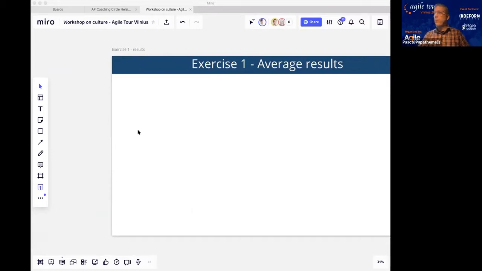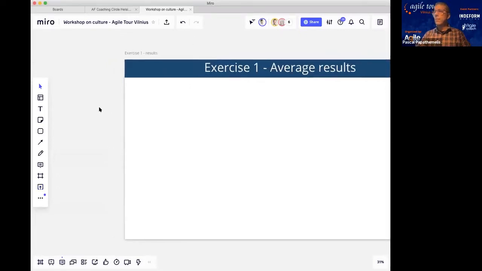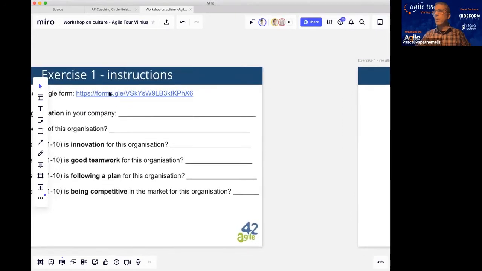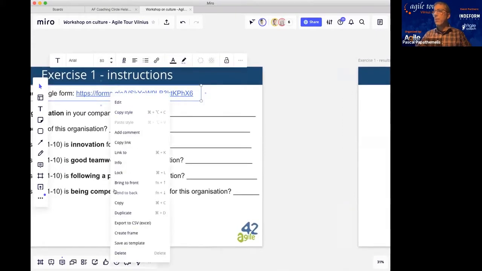I still see that there are no responses. Do we need to evaluate our own organization or whatever we want? If you want to make it for real, or you can think of some other organization, it's up to you. It would be more realistic if you take a real organization. I probably need to try this out myself because I don't see any results coming in, although I've tested it.